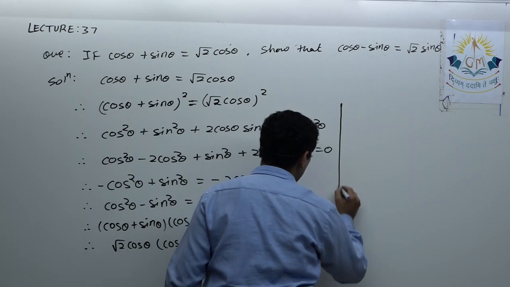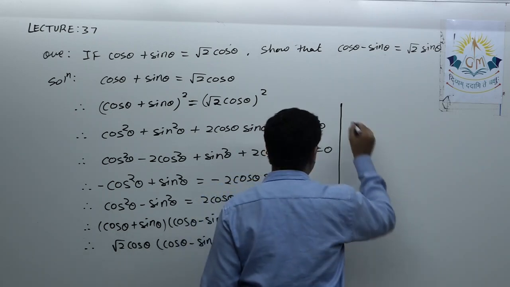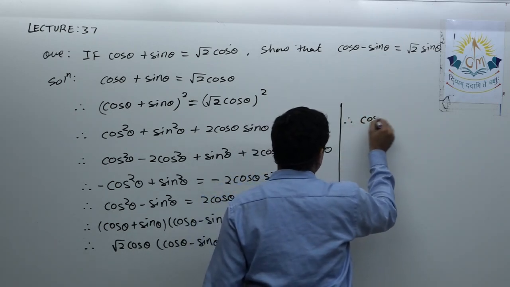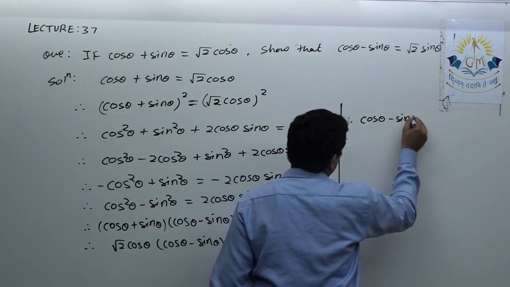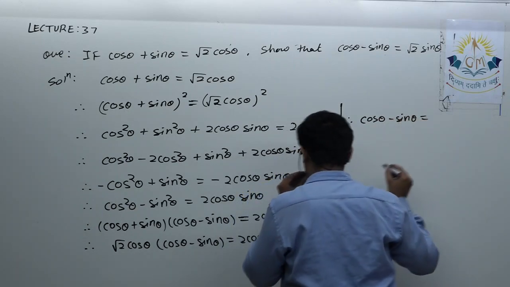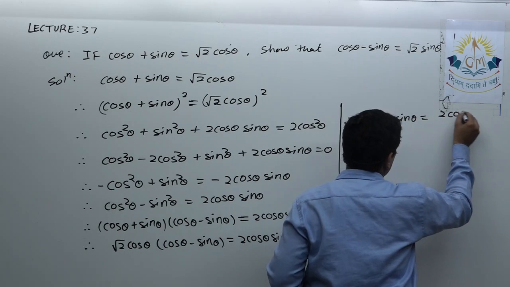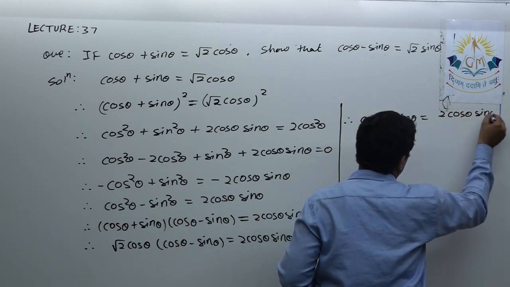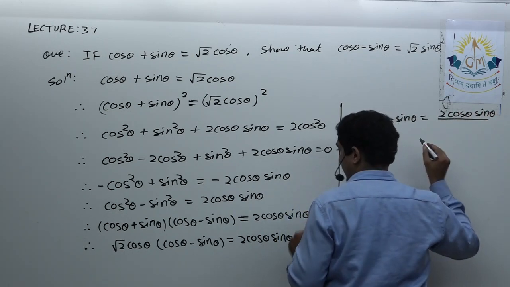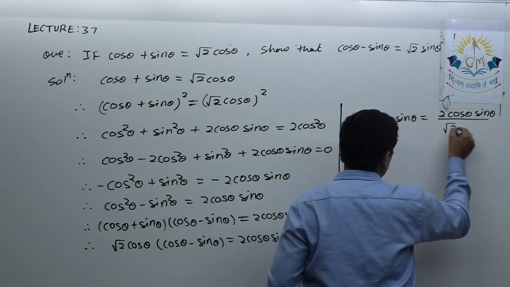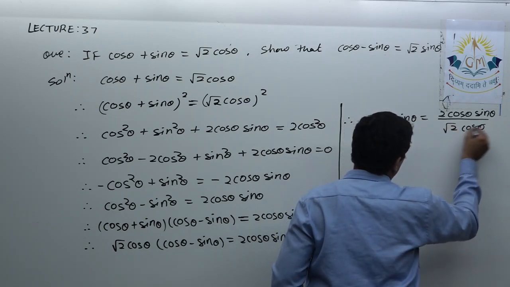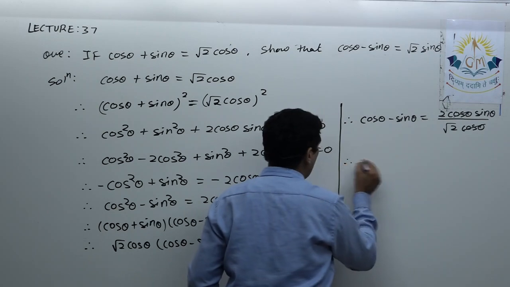So therefore I can say cos theta minus sin theta is equal to 2 cos theta sin theta divided by root 2 cos theta. So cos theta will cancel out.